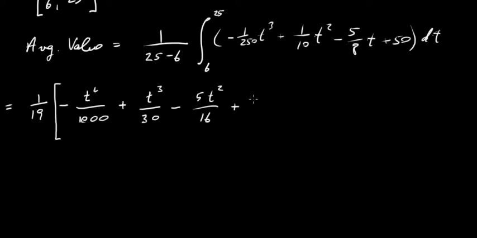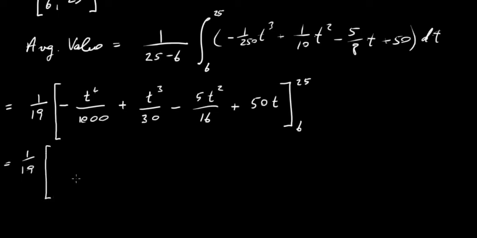And here we have a 50. If you integrate 50, you get 50t. So that's our integral done, and we want to do that between 6 and 25. The next part is just kind of long, but it's going to be 1 over 19, and you just got to substitute in these values.